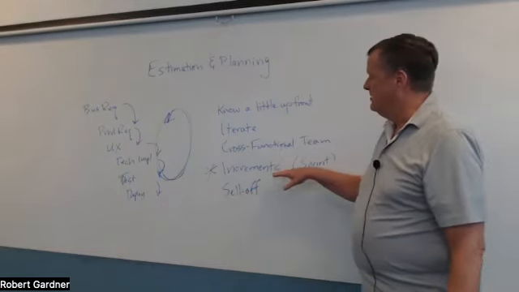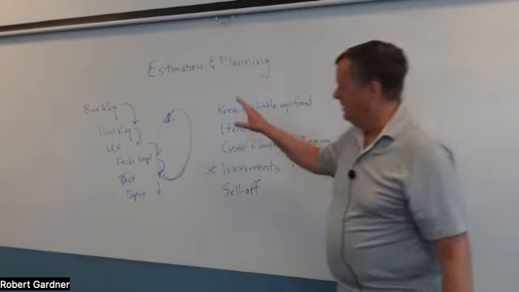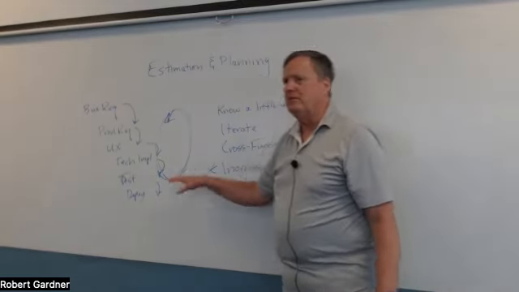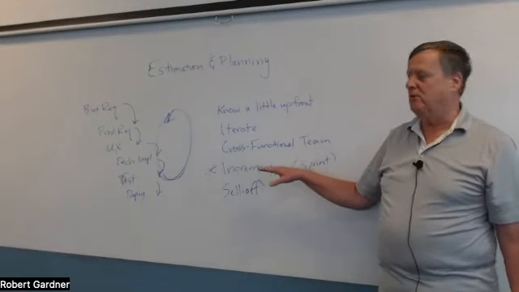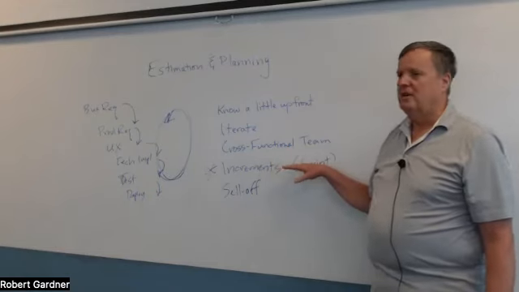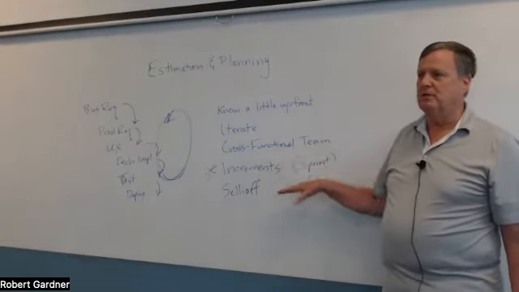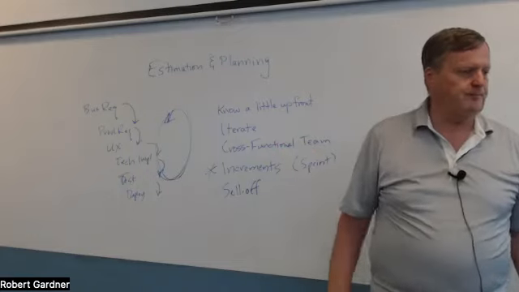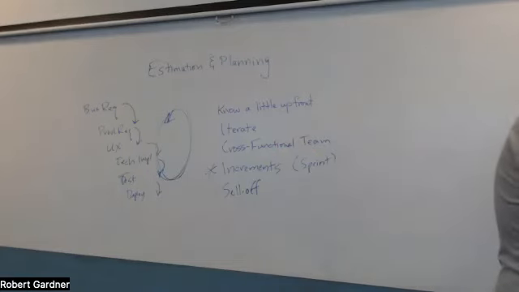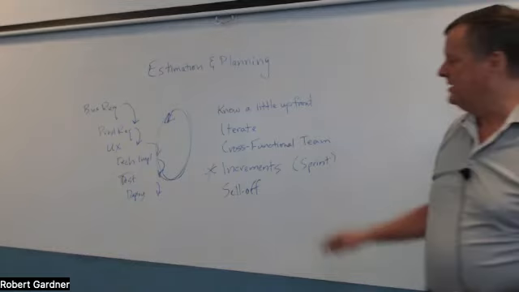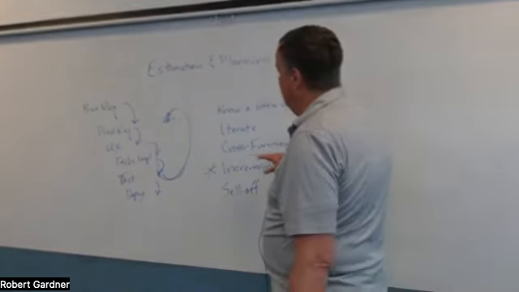So even at a smaller scale, we have an estimation problem. And then we have to figure out how much work we can commit to each sprint. Okay, so anyway, those are the biggest places where we need estimation.